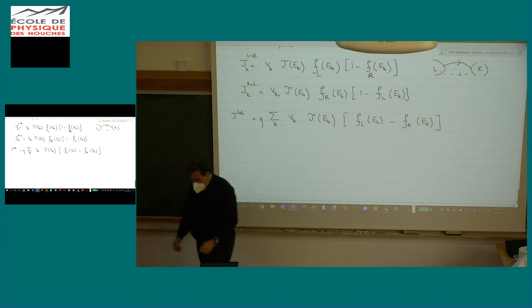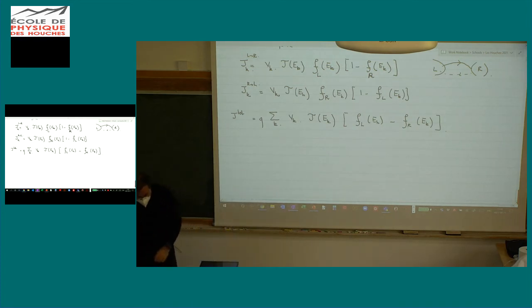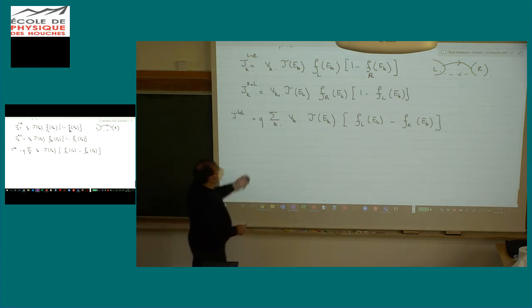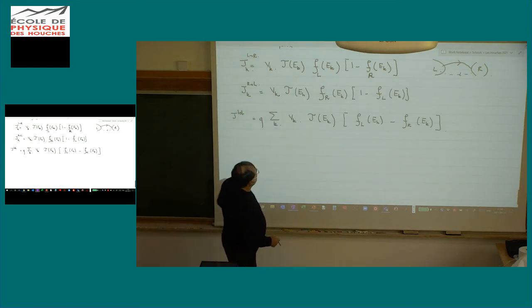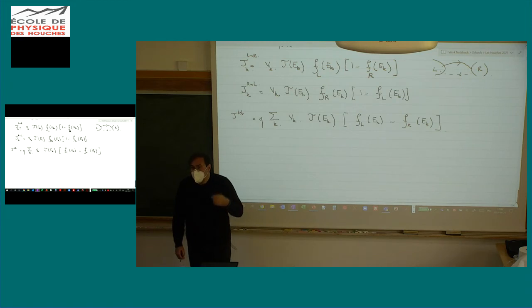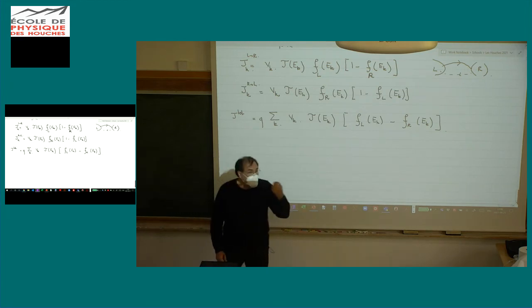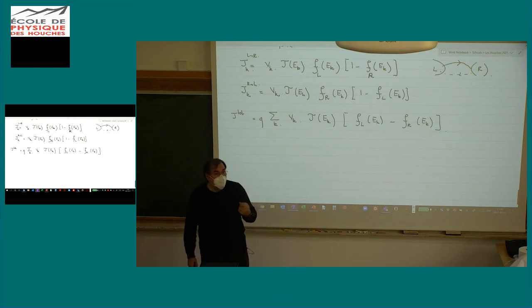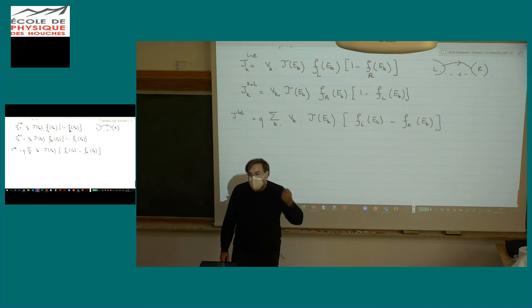Okay, so that's a nice expression. And now we need to get rid of this object, which is a little bit annoying. For that, we will remember what the velocity is. The velocity is essentially the derivative of the energy of the system with respect to the momentum. If I have p squared over 2m, the velocity is p over m.